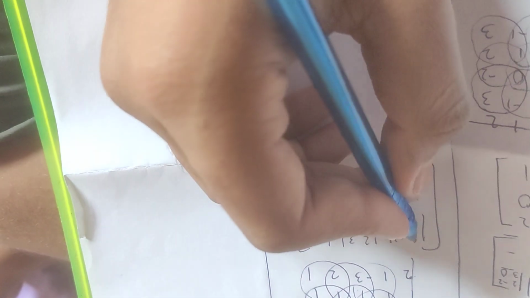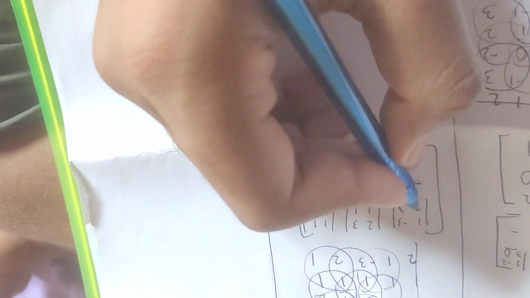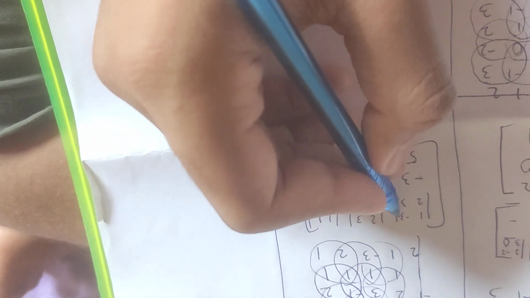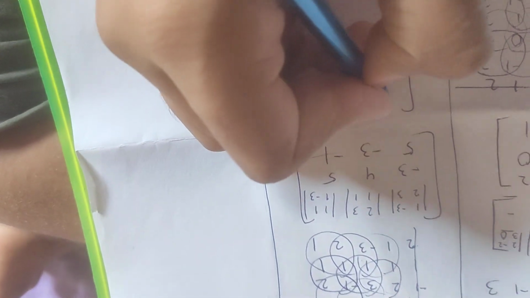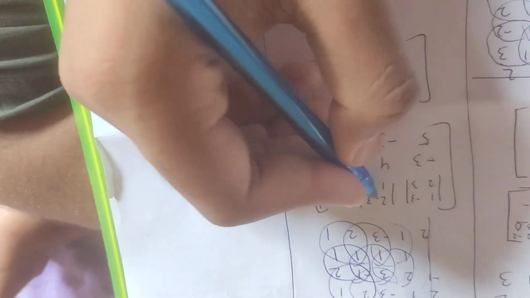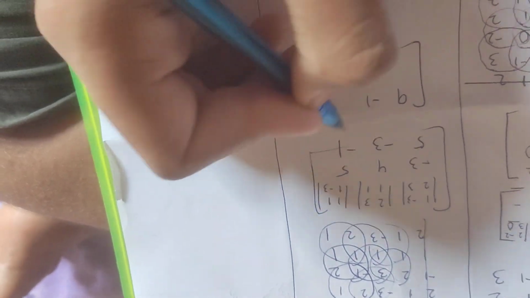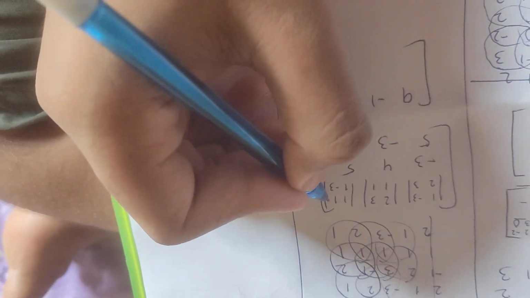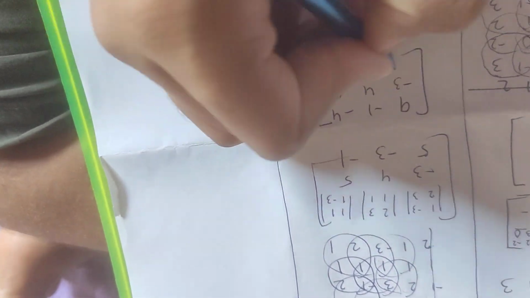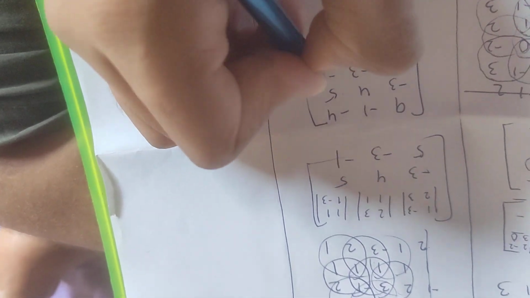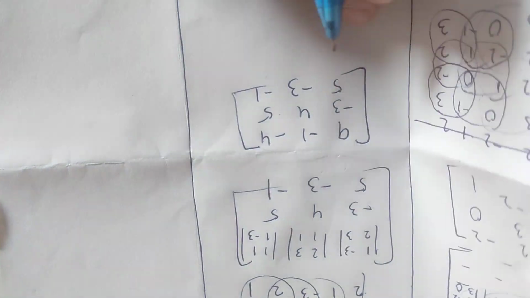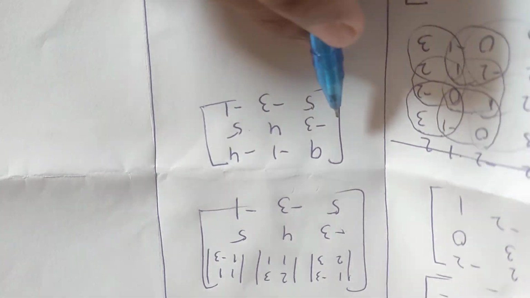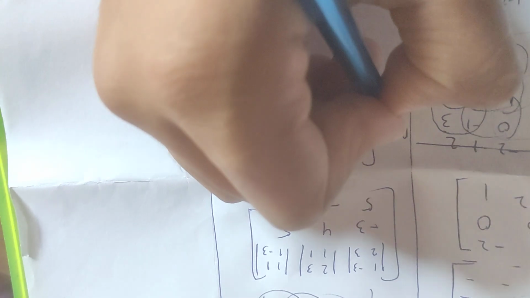So the adjoint would become 3 3s are 9, 3 1s are 3, minus plus, it would become 9, and 2 minus 3, it would become minus 1, minus 3 minus 1, it would become minus 4. So right, we have got this using the trick for the adjoint.